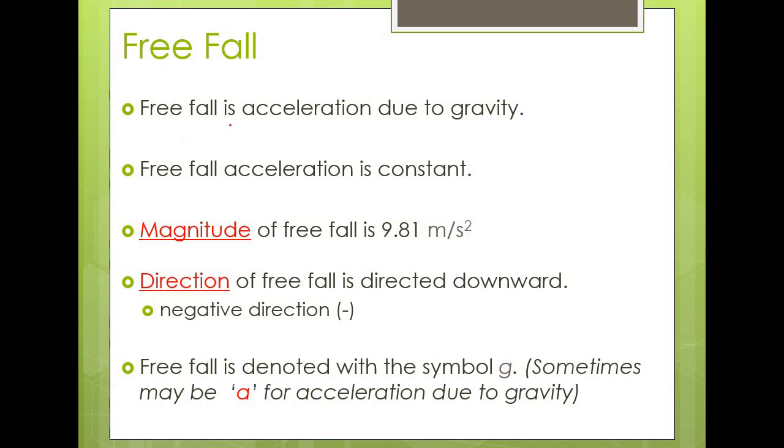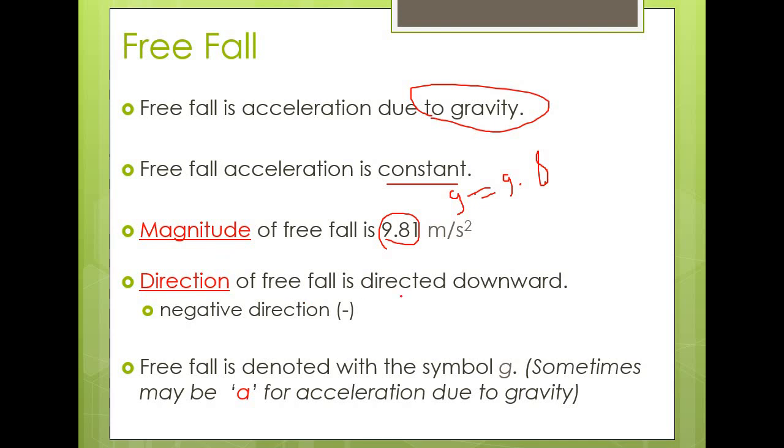So free fall is acceleration due to gravity. Free fall acceleration is a constant. The magnitude of free fall acceleration is 9.8, which is denoted by g. So g equals 9.8. This is the magnitude or number of free fall.